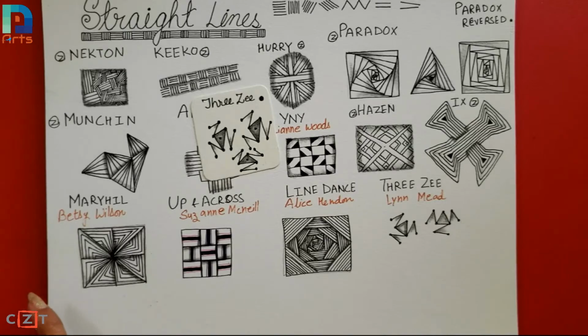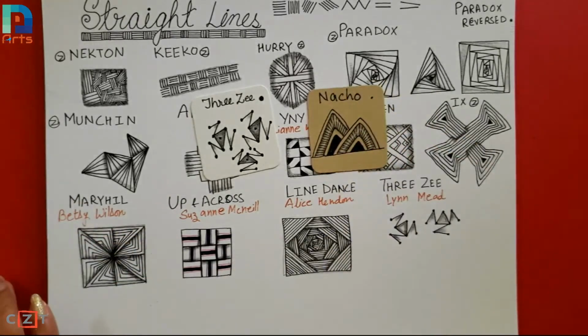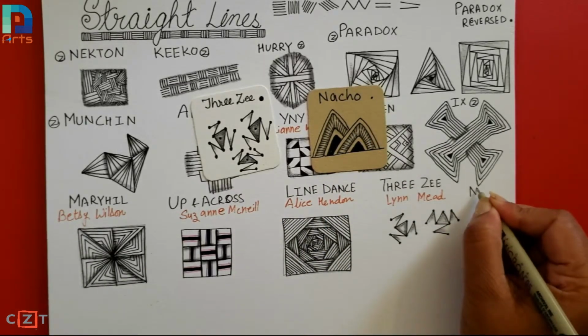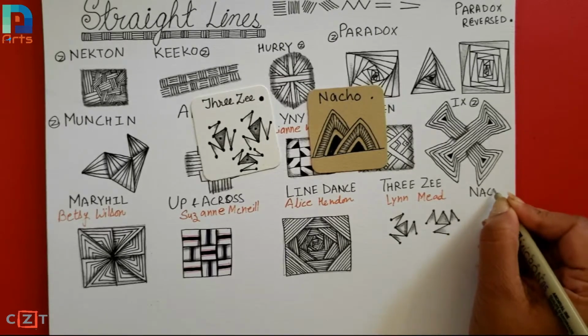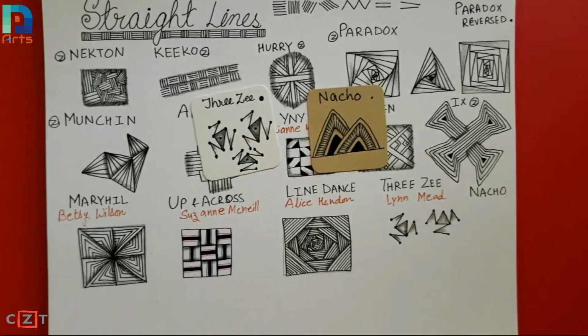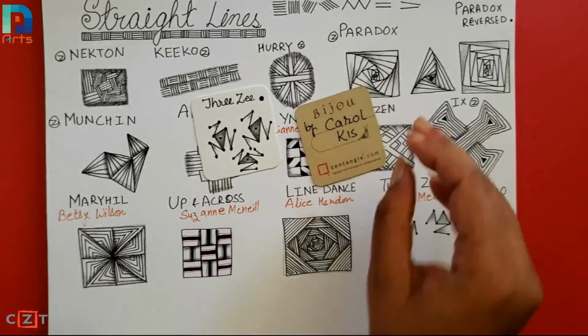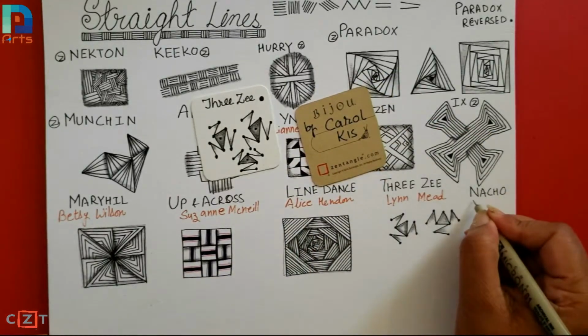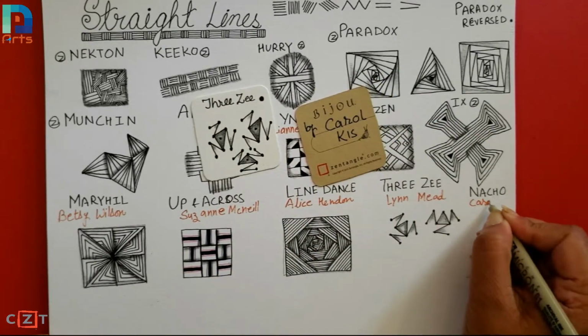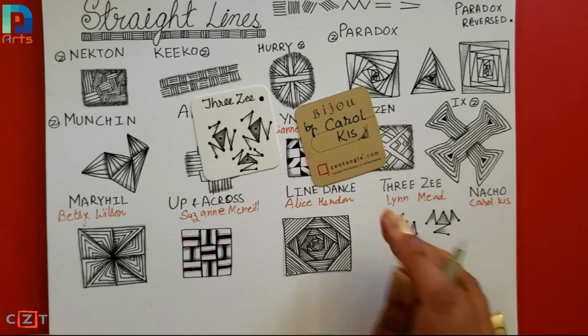Where did that go? Okay, this is the one. The Nacho tangle. It looks like nacho chips. And this Nacho tangle has been deconstructed by Carol Kis, CZT.